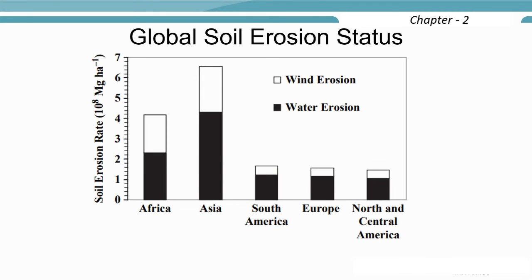But in Asia, you can see that erosion caused by water is more. It is similar in South America, Europe, North and Central America. Water erosion is dominating wind erosion. There is a small portion of soil which is lost because of wind erosion, but majority of soil is eroded because of water erosion.